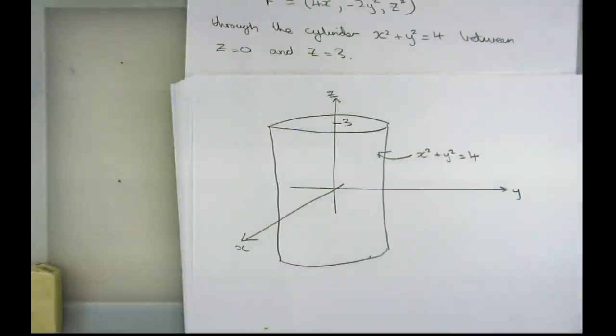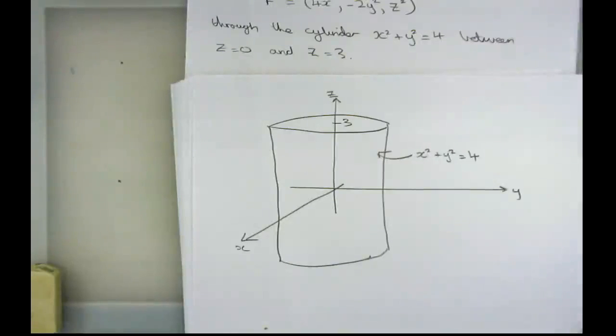I'm not going to get you to do flux in 3D more than once. But these questions, probably in a test I would say, use Gauss's theorem. I tell you to do it. You won't have to do this one, it's too tedious. But I could do it that way if I wanted.